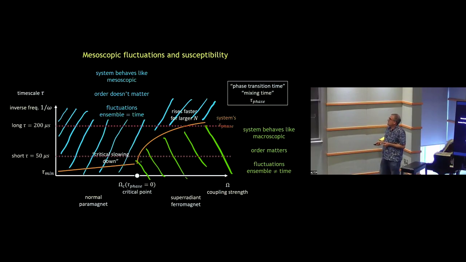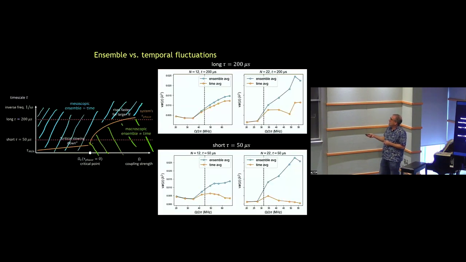We'll look at our system either over short times or long times, and look at the fluctuations of the order parameter as a function of the coupling strength. So that's shown on this graph, and I'd like to focus you on these two plots here. So for a small system, which is clearly mesoscopic, I can look at this histogram that I talked about previously.